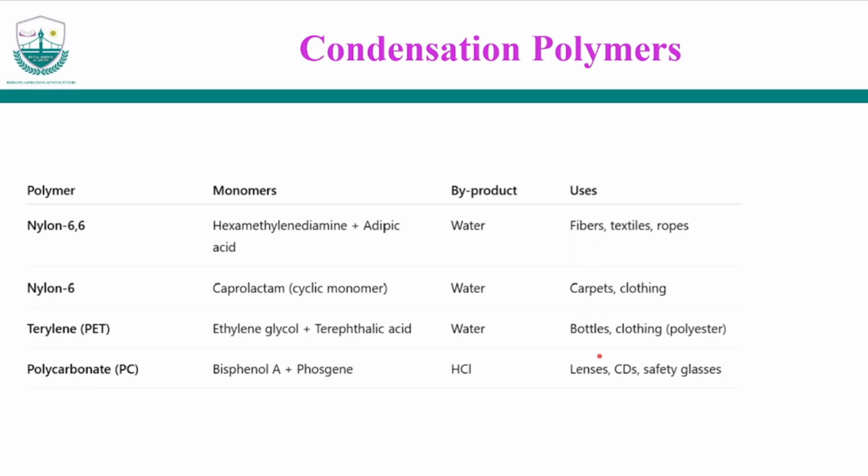Okay, so the uses are here. We already looked at nylon earlier on. We said it is used in textile, it is used for making ropes, fiber, carpets, and clothing. That is nylon in general. But when we go and specify nylon 6,6 and nylon 6, we're talking about different uses there.